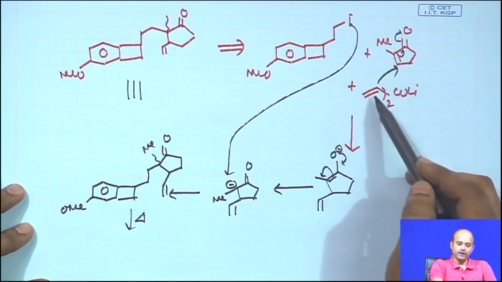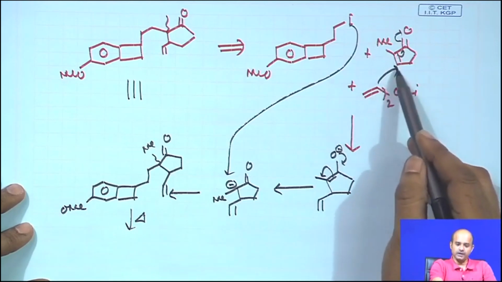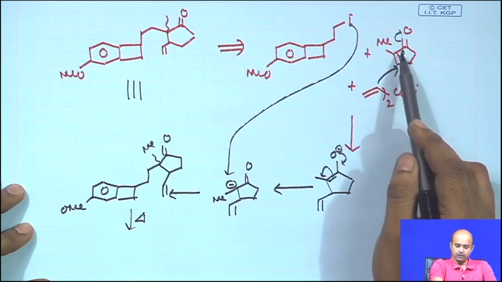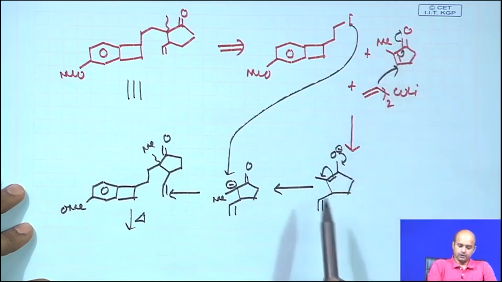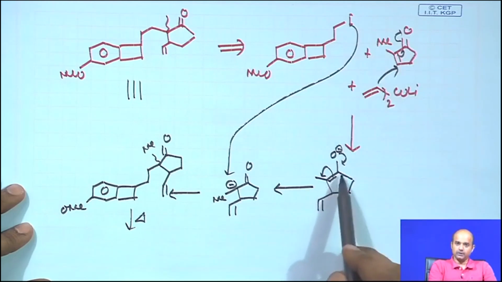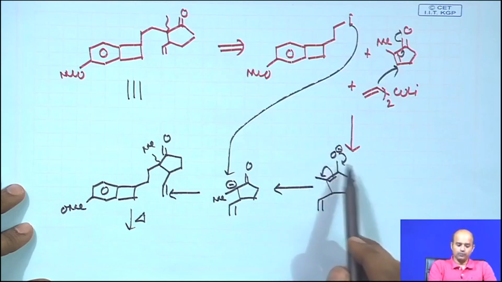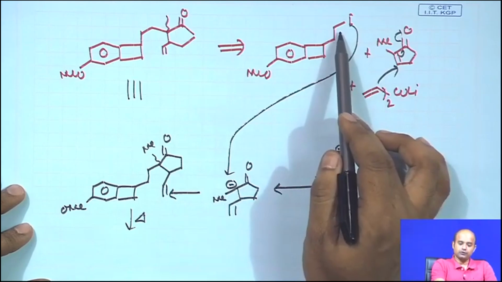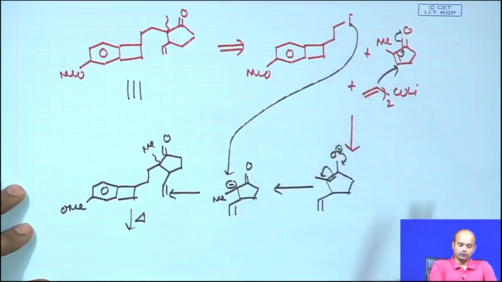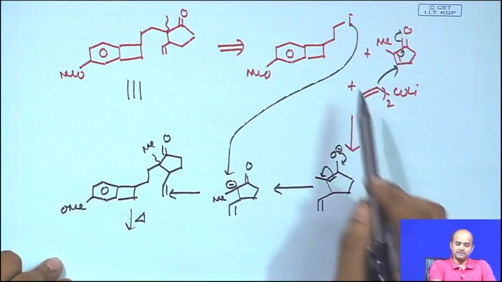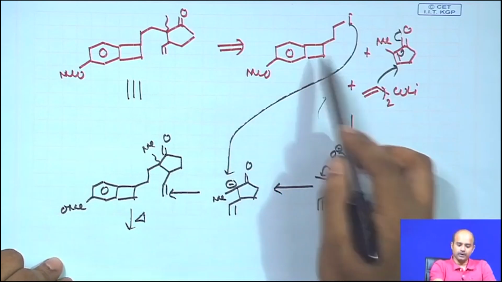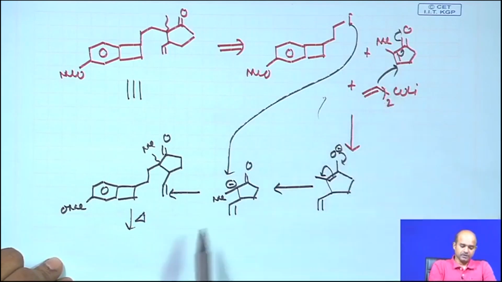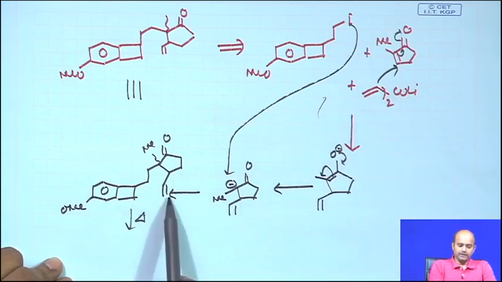So, it is basically 1,4 addition of this vinyl Gilman in a Michael fashion, and then this enolate anion is generated. This enolate now undergoes enolate alkylation with this electrophile. Now, this is basically a 3 component reaction together, 1 component, 2 component, 3 component. Sometimes this reaction is termed a multi component reaction. So, now you are basically here.